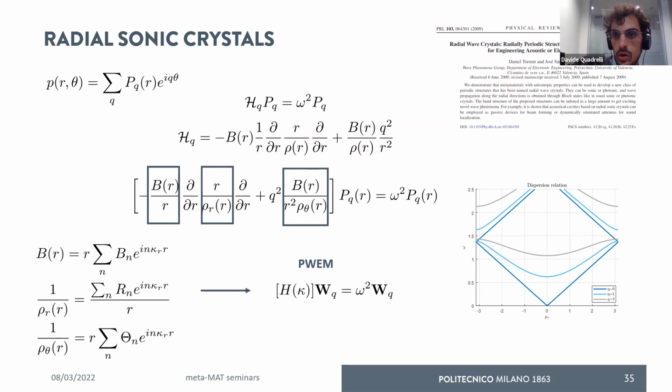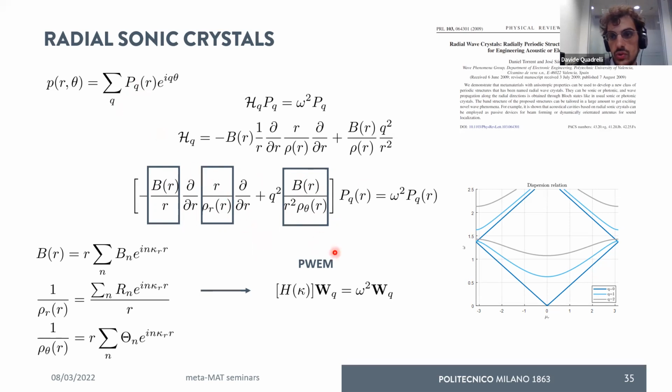So what we learned from this work is that if you assume an anisotropic density, so you have radial and tangential inertia, the equation is changed into this one, such that you can independently make this term and this term periodic. And so then your P solution can be in the form of a Bloch wave.